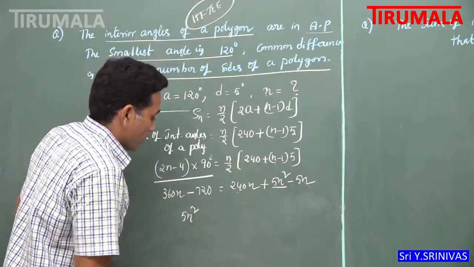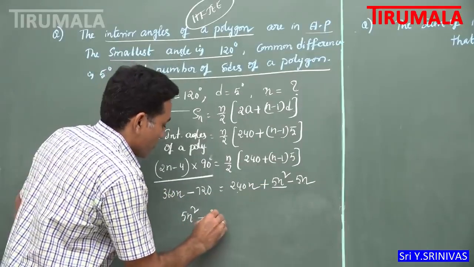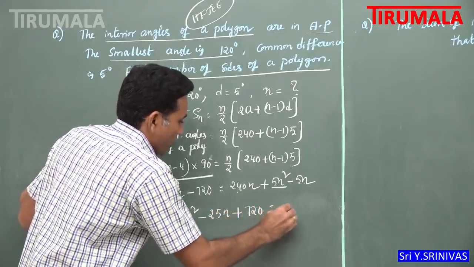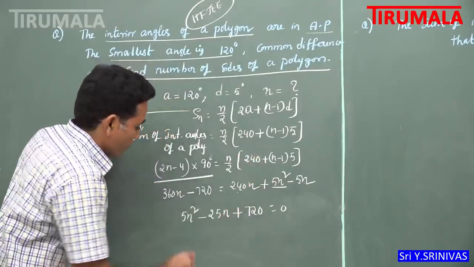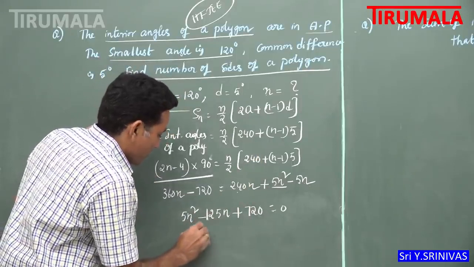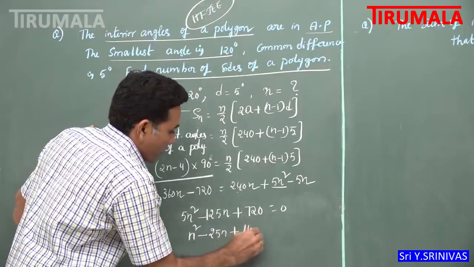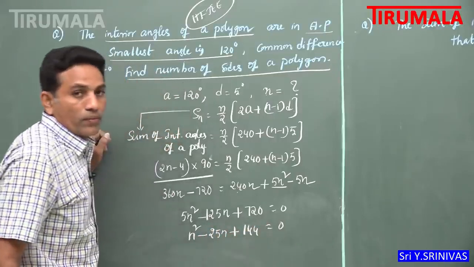So 360 minus 235 is 125: 5n square minus 125n plus 720 is equal to 0. Divide by 5, it is n square minus 25n plus 144 is equal to 0.